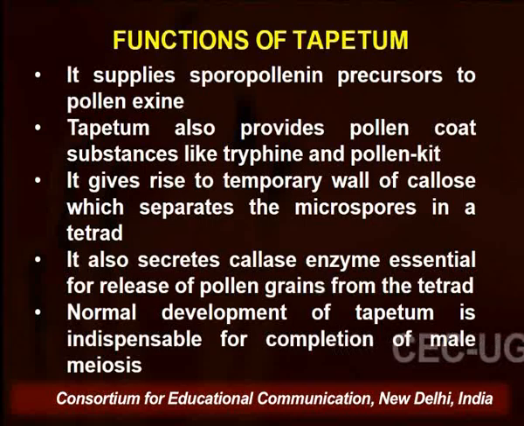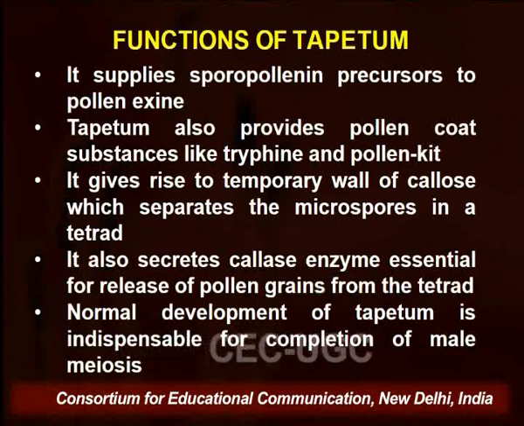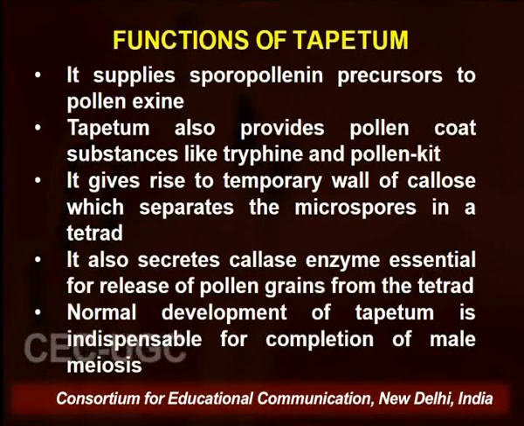It gives rise to a temporary wall of callose, which separates the microspores in a tetrad, and at the same time it secretes callase enzyme, essential for release of pollen grains from the tetrad. Normal development of tapetum is indispensable for completion of male meiosis.